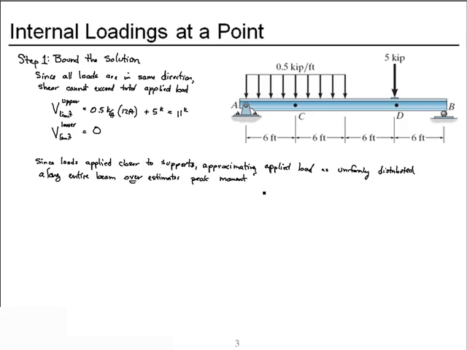And that's worth repeating. Since our applied distributed load is closer to the support, it doesn't create as big a peak moment as if that same distributed load was applied closer to the middle. And our concentrated force is over close to the support. We're going to take all of this 11 kips and uniformly smear it across the beam, which is going to give us a peak moment, omega L squared over 8 here, that should far exceed anything we actually see at points C or D.